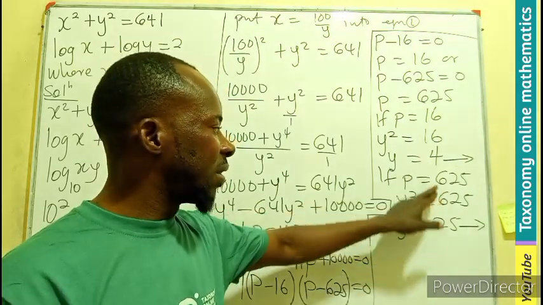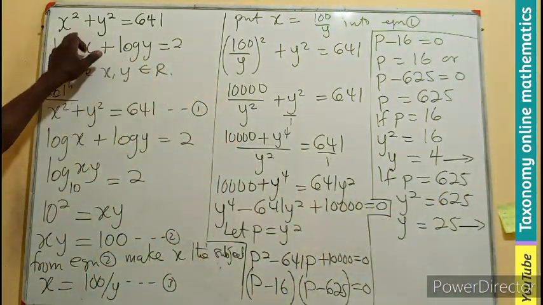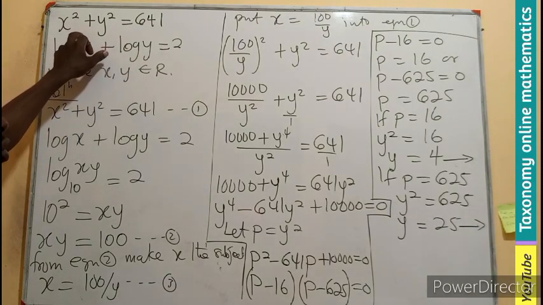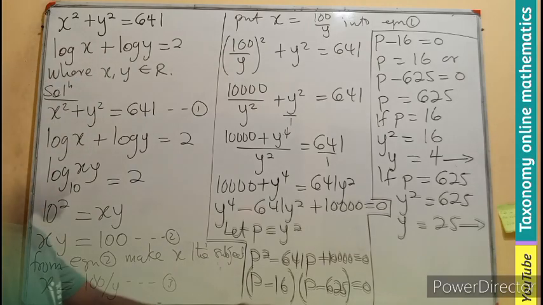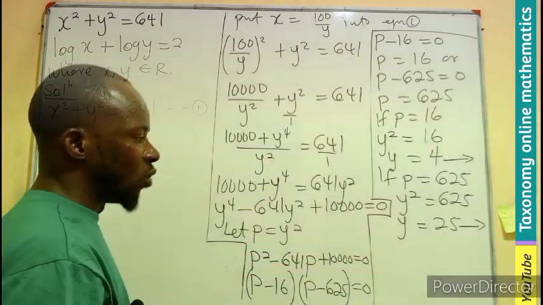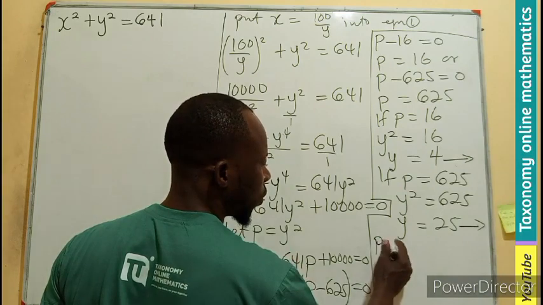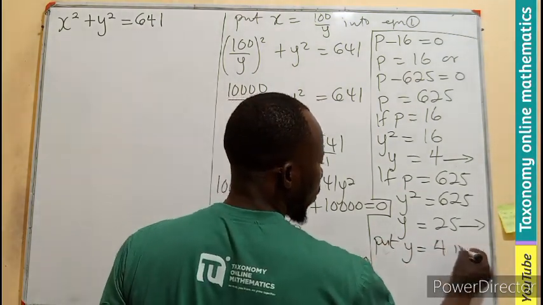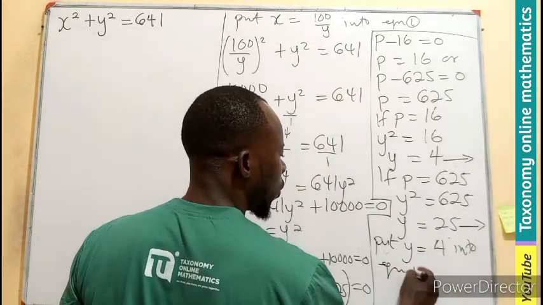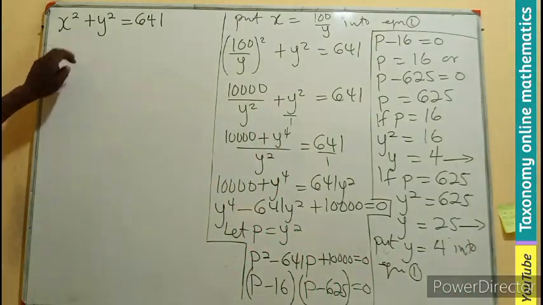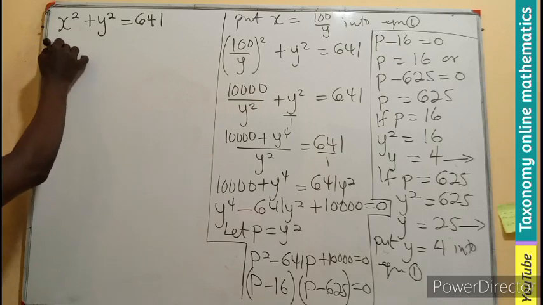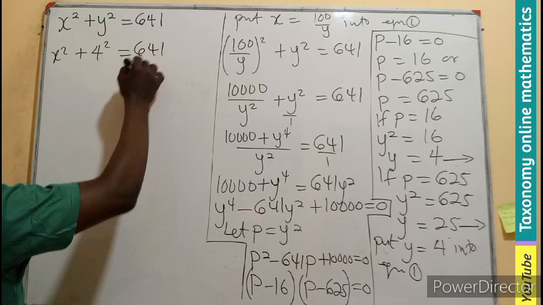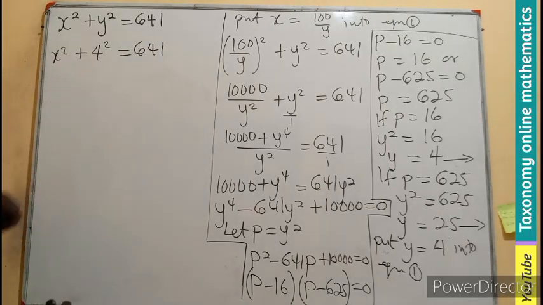So we substitute this and this into equation 1 or into equation 2. But it will be easy if you put that into equation 1. So if you put y equals to 4 into equation 1 here, meaning that x squared plus 4 squared equals to 641. y is 4, so we square it.